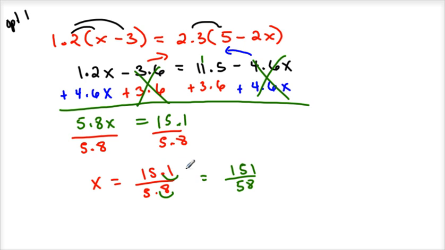If you were to divide 15 and 1/10 over 5 and 8/10 and round to the nearest tenth, you would get approximately 2.6, and you could easily do this on your calculator. Alright, or our second option here.